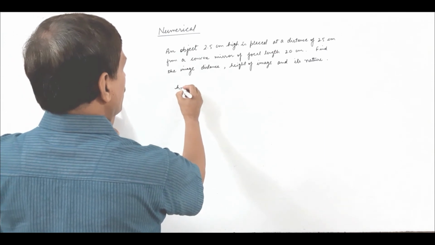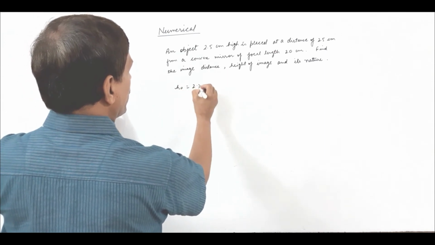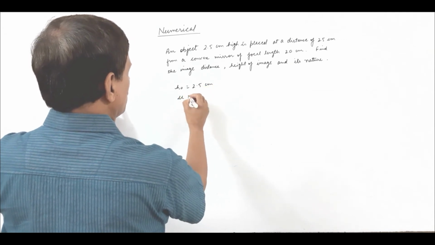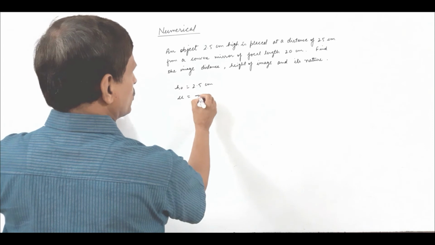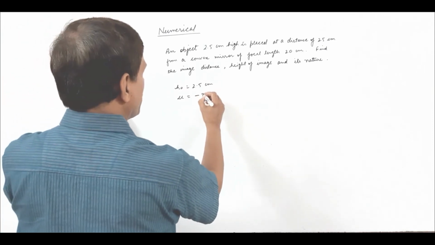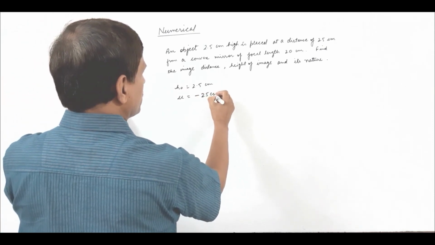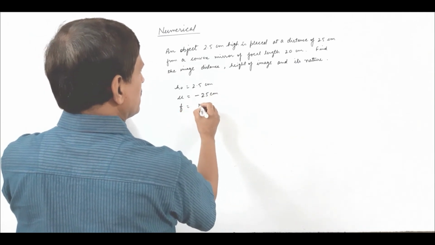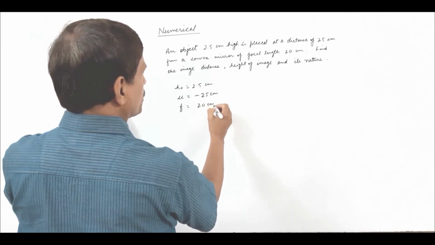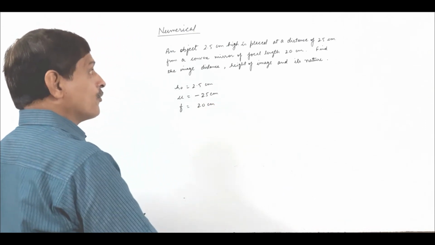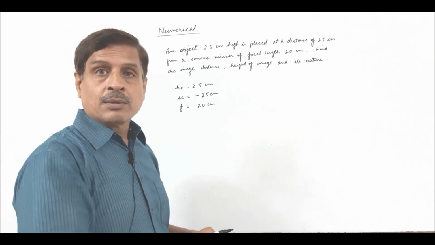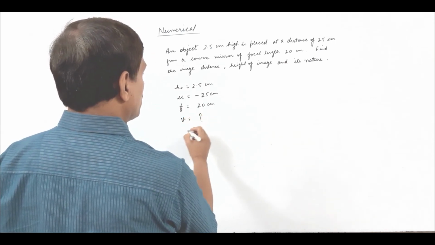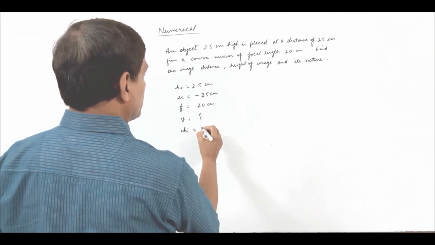Height of object is 2.5 centimeter. U is, using sign convention, minus 25 centimeter. F is 20 centimeter positive because focal length of convex mirror is positive. We have to calculate V and height of image.